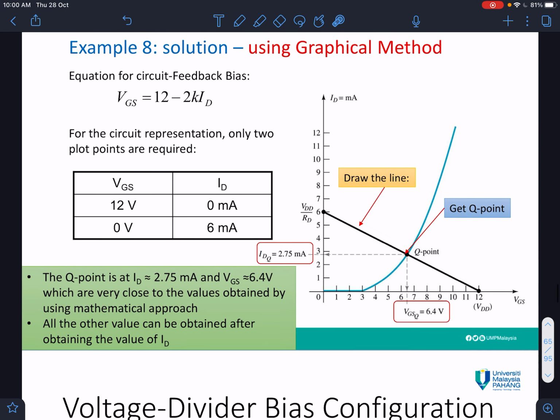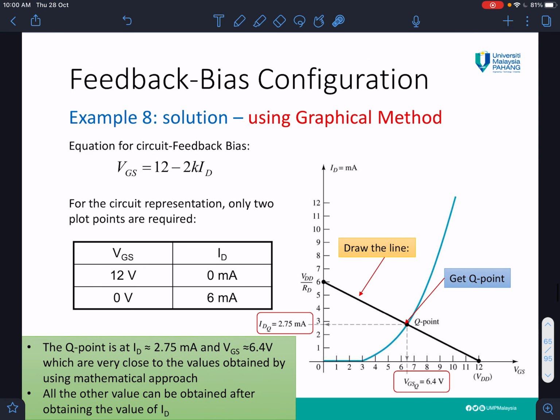Now we want to find the equation for the feedback bias circuit. VGS now is equal to 12 minus 2K ID. Again, we get this from the analysis of the circuit, as shown in the previous video.